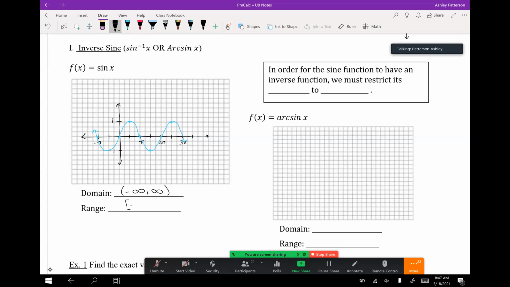Yes, the range goes from -1 to 1 inclusive. But if I were to test with a horizontal line, I'm going to encounter the curve numerous times, meaning that it's not one-to-one. So in order for a sine function to have an inverse function, we have to restrict the domain.